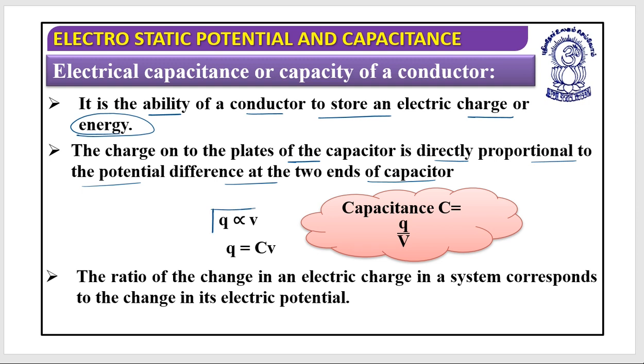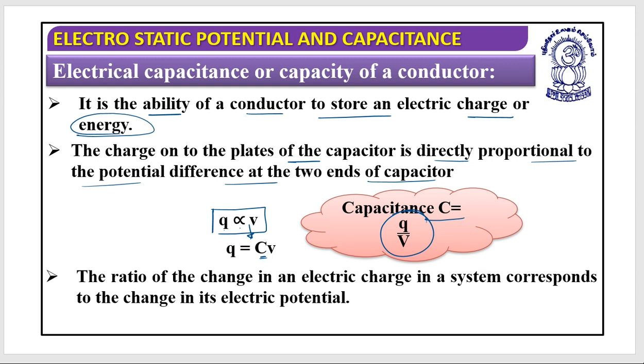That means Q is directly proportional to the potential difference applied across it. If I remove the proportionality symbol, I can add one constant. Please remember this. This constant is what we introduce as C. So Q is equal to CV, and this C is known as the capacitance. So capacitance can be termed as Q by V.